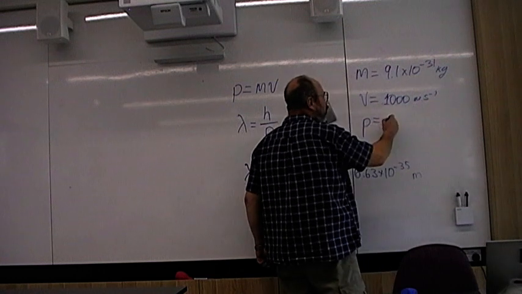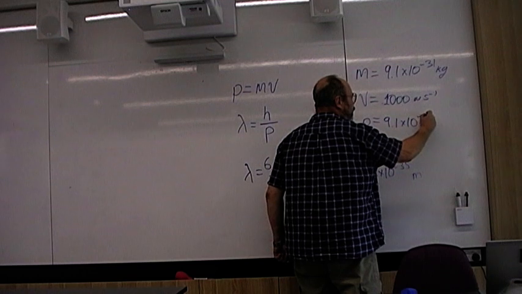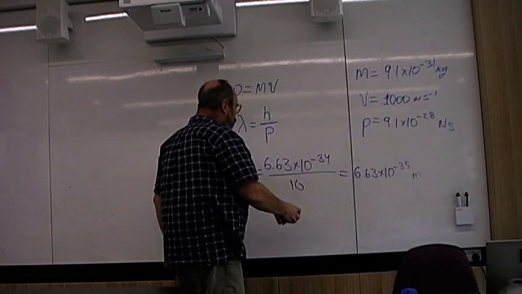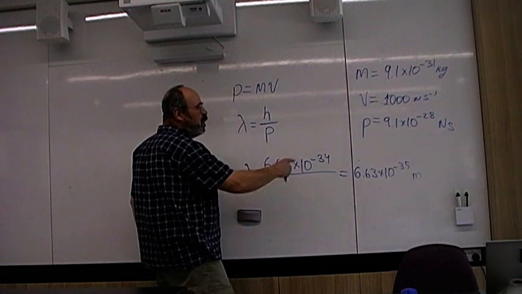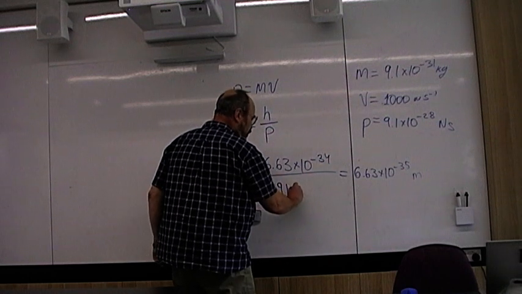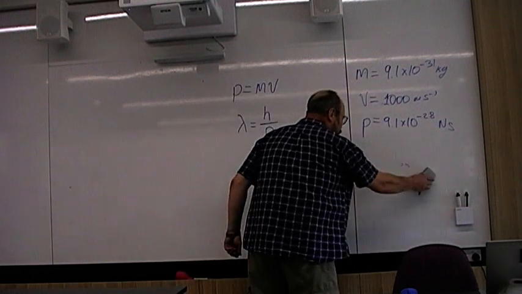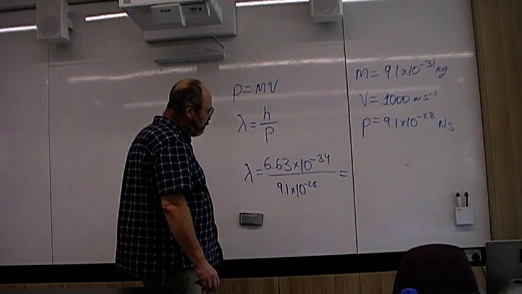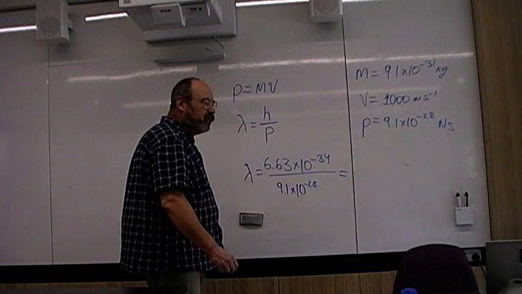So its momentum will be 9.1 times 10 to the negative 28 newton seconds. So we substitute here 6.63 times 10 to the negative 34 divided by 9.1 times 10 to the negative 28. 6.63 divided by 9.1 will be something like around 0.72. You can check with the calculator, please.